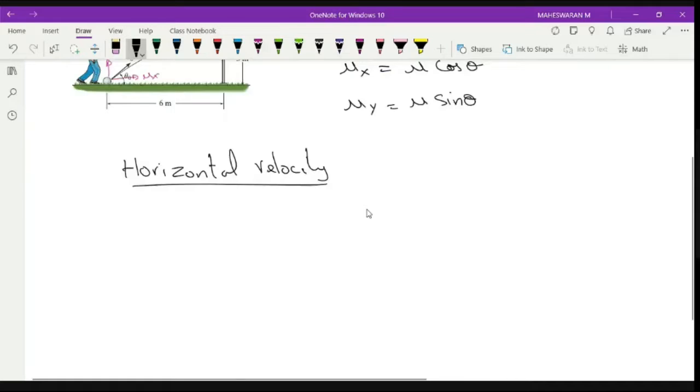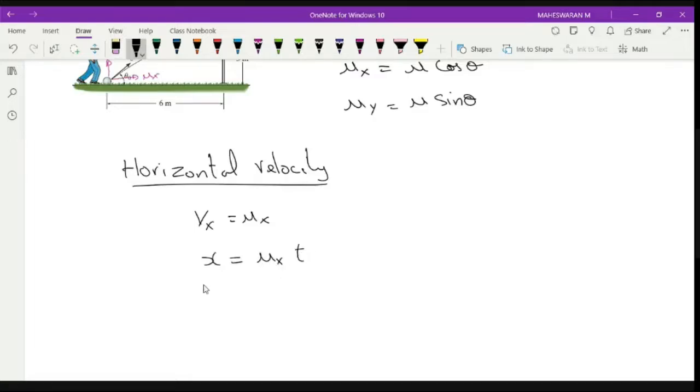Same procedure. Let me go for horizontal velocity. So you have this data: Vx is equal to Ux. That is my first data. There is no other change. Next, x is equal to ut plus half at square, so x is equal to Uxt.